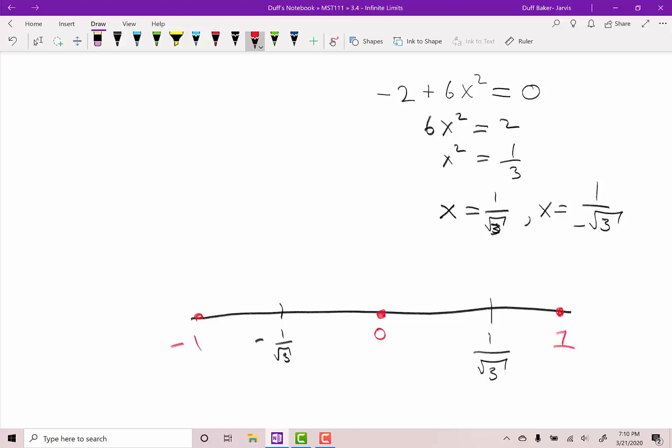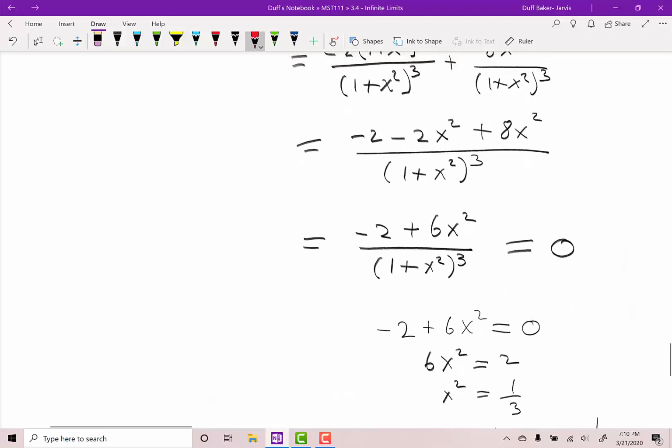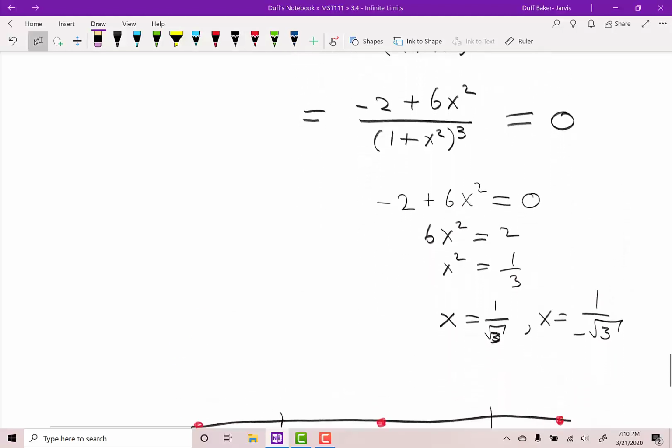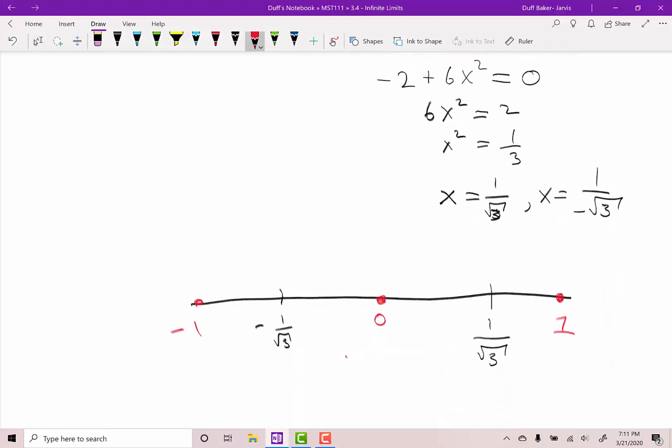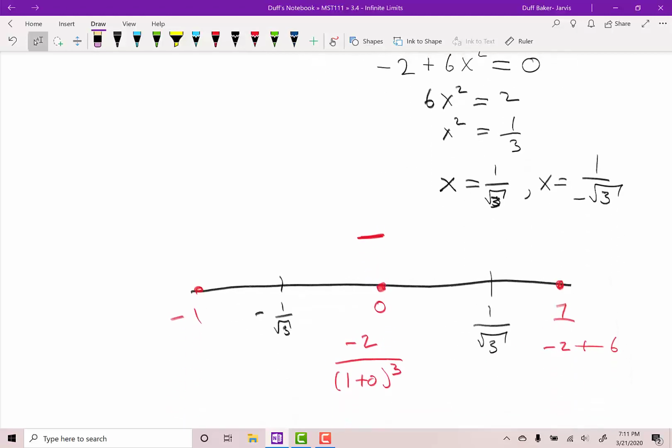Okay, so if we plug 0 into our function, our second derivative, this would be minus 2 over 1 plus 0 cubed. That's a negative number. If we were to plug in 1, we would get negative 2 plus 6 over 1 plus 1 cubed.